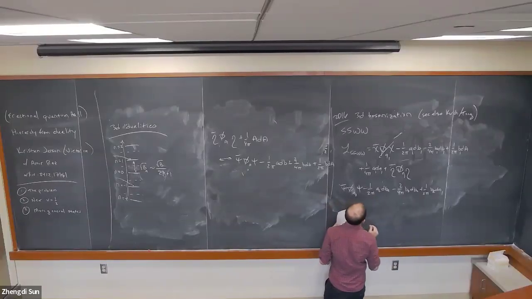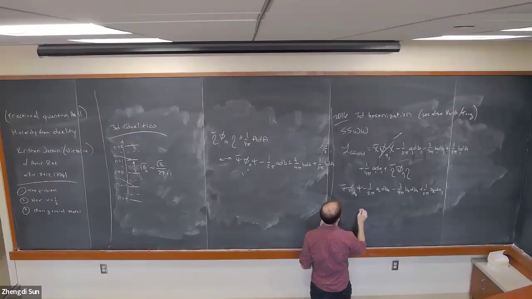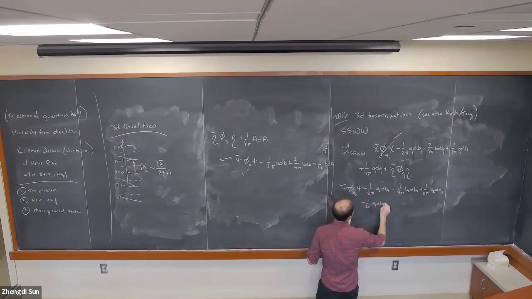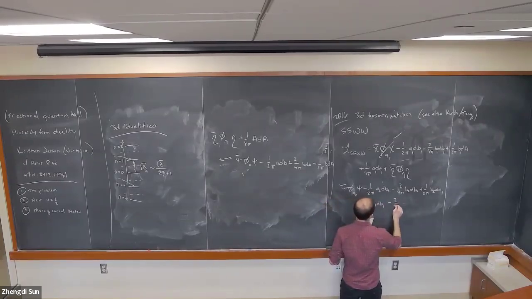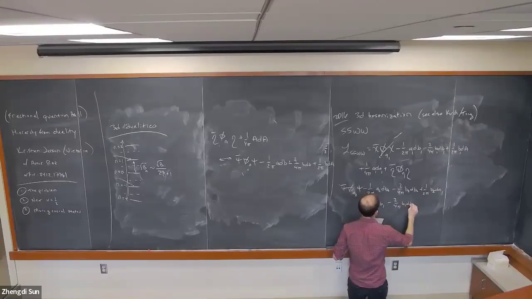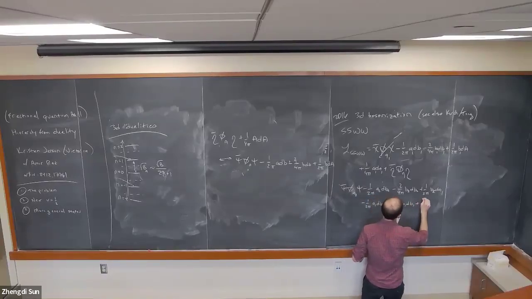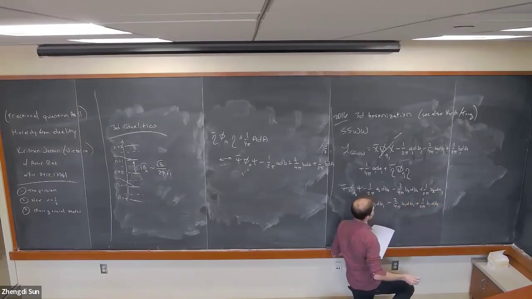But then there are all the fields that were left behind: minus 1/2 pi A1 dB1, minus 2/4 pi B1 dB1, and a plus 1/2 pi B1 dA.